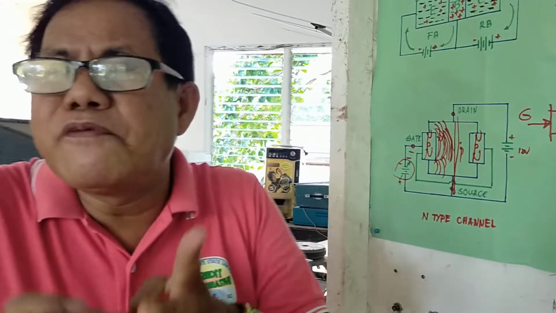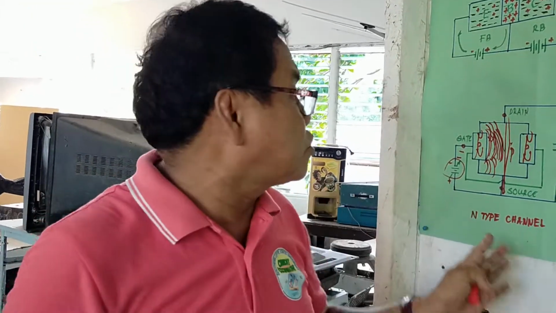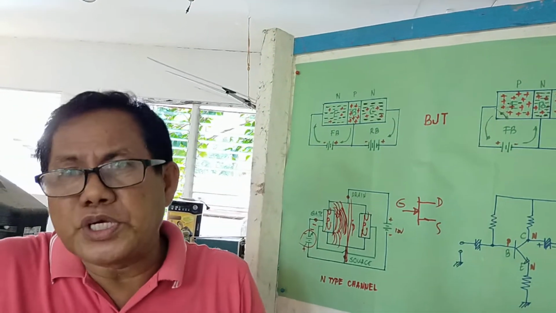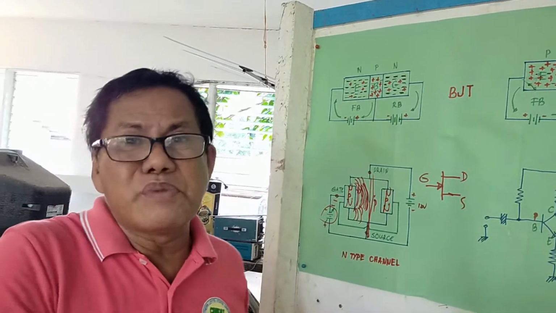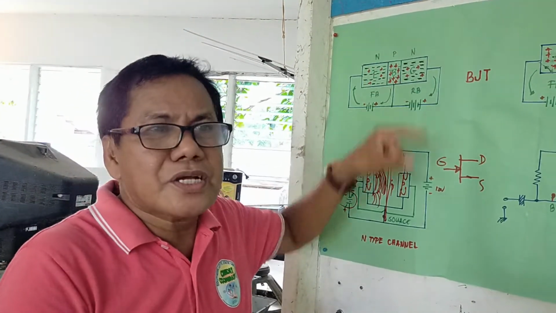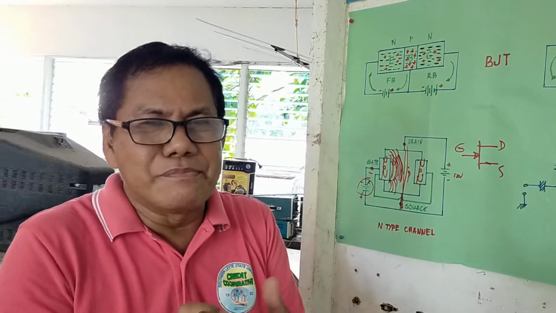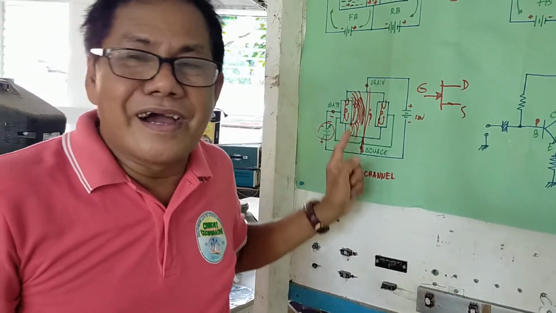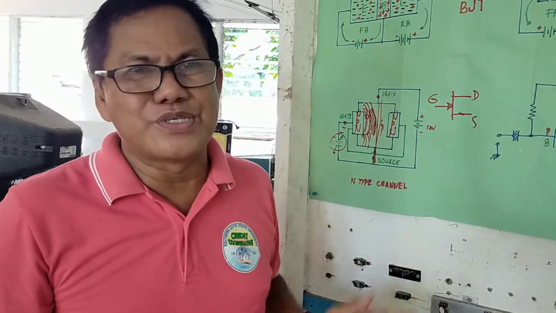So there is only one flow of charge carrier, either the holes or the electrons. Unlike the bipolar junction transistors that work with majority and minority carriers. That's why they are called bipolar, because they work with two carriers. Whereas here, only one carrier, either holes or electrons.